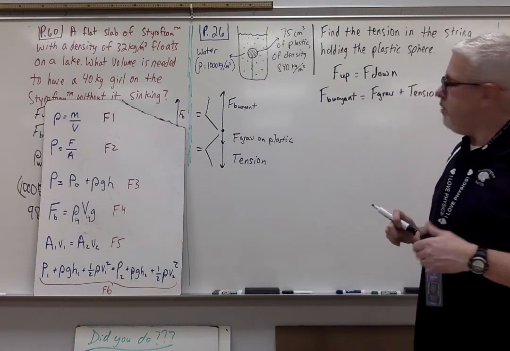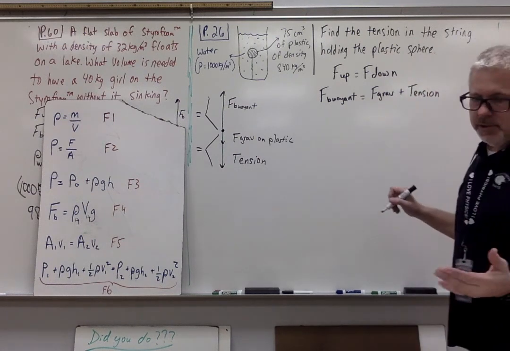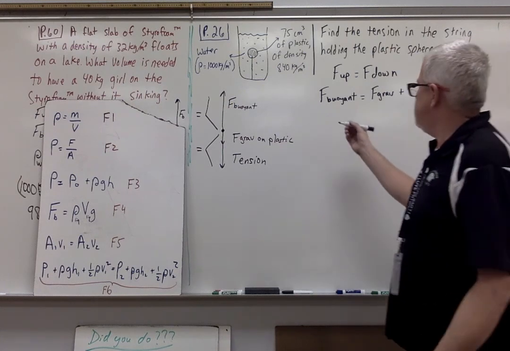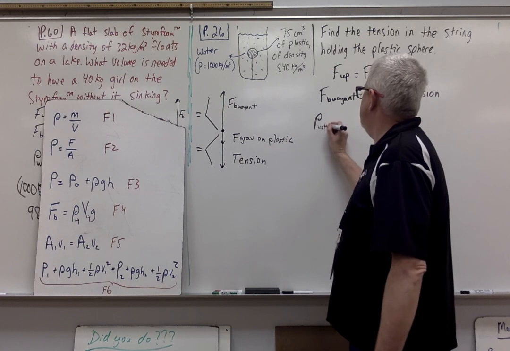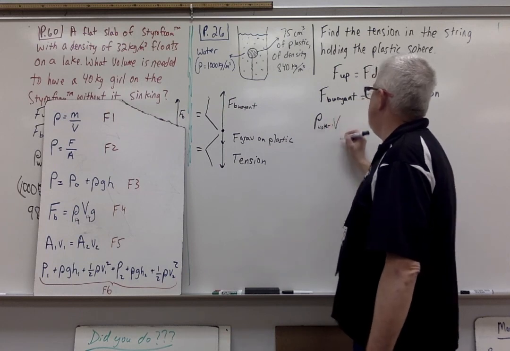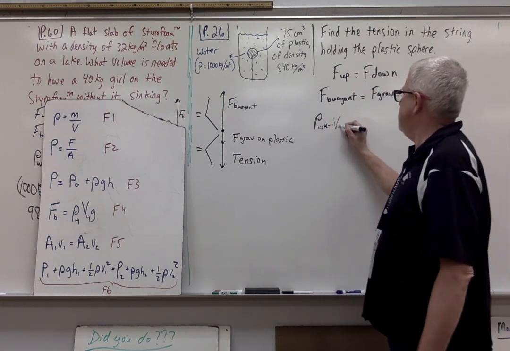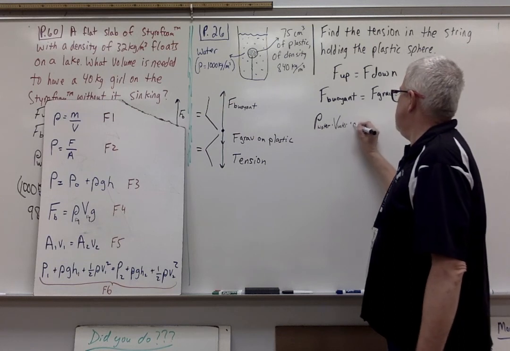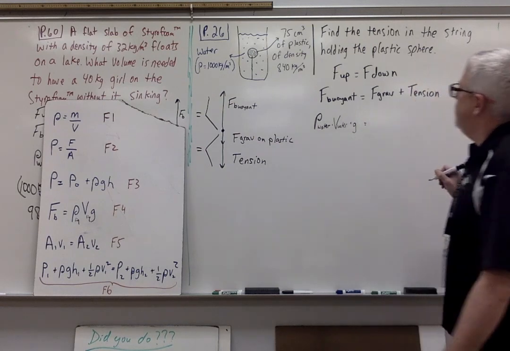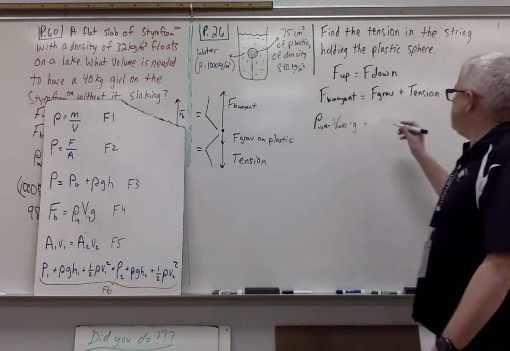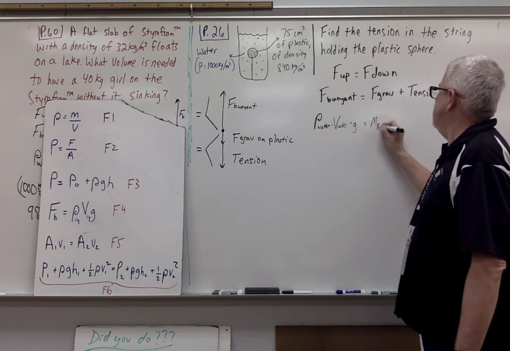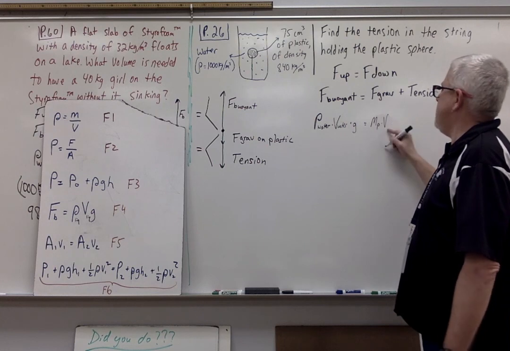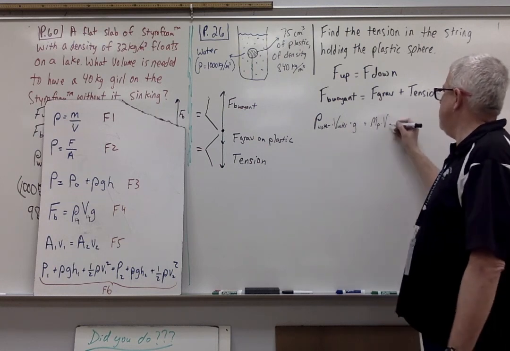So one of the things I've got to do here is put this in terms of equations. I'm going to say that this is going to be the density of water times the volume of the water that's displaced times G. This is going to be the mass of the plastic times the volume of the plastic. But again, these two are going to be equal.